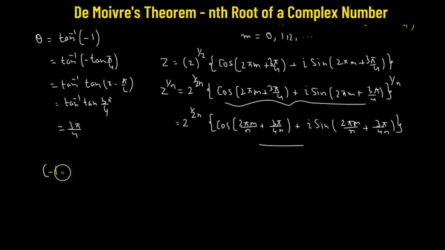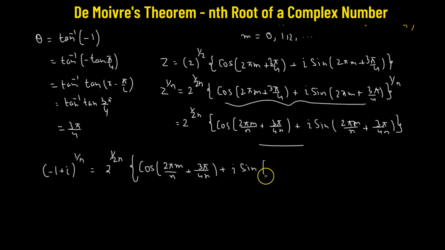We originally had negative 1 plus iota, which was represented by the complex number z. So its nth root will be given by 2 raised to the power of 1 over 2n, multiplied to cosine of 2 pi m over n plus 3 pi over 4n, plus iota times sine of 2 pi m over n plus 3 pi over 4n.